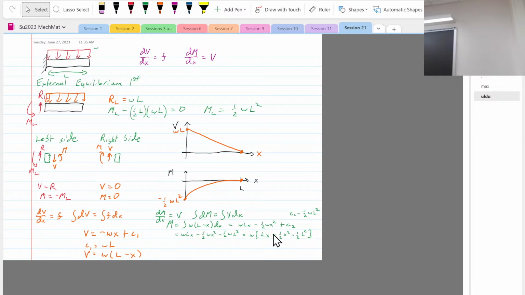And Q is dependent on A prime. We were just talking about bending stresses, which are maximum at the outskirts, the top and the bottom. The transverse shear stresses are just the opposite.